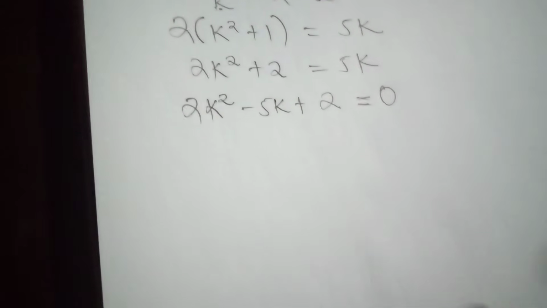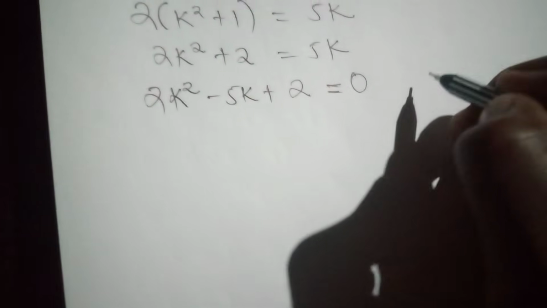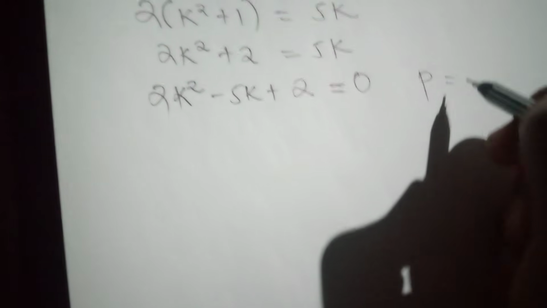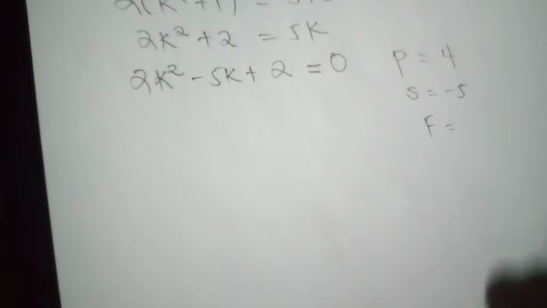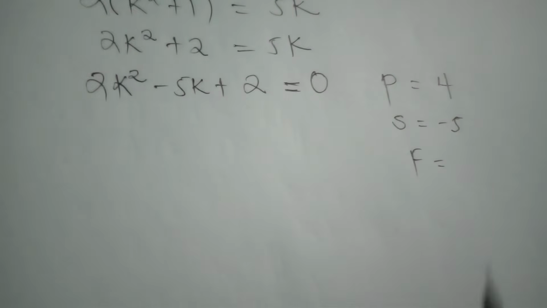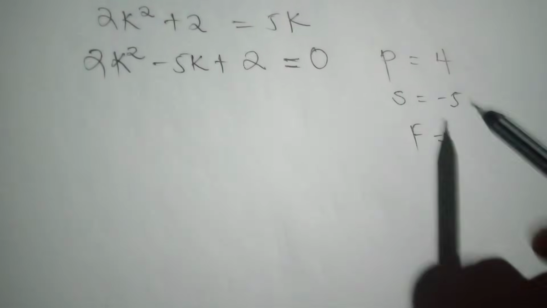So from there, product, sum, factor. Product, like I said earlier, you get the coefficient of k² and multiply with the constant, that is 4. And then our sum, that is negative 5. What about factors? Numbers that when you multiply you get the product, and when you add you get the sum.